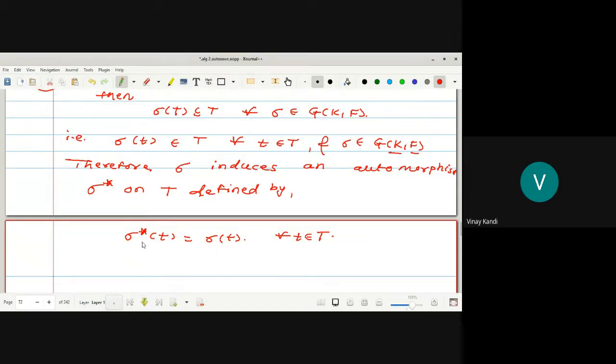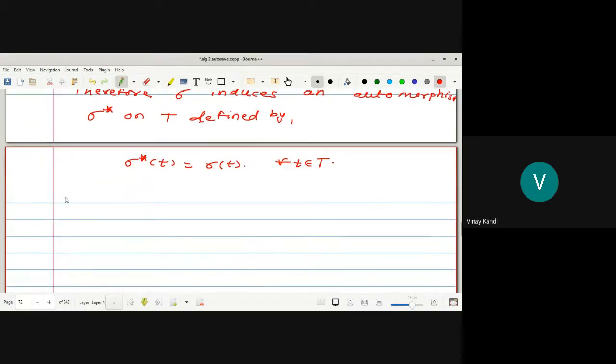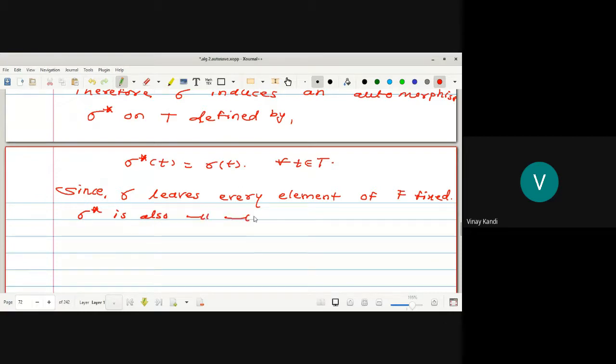Now since this sigma leaves every element of capital F fixed, then also sigma star leaves every element of F fixed. That implies sigma star belongs to what?